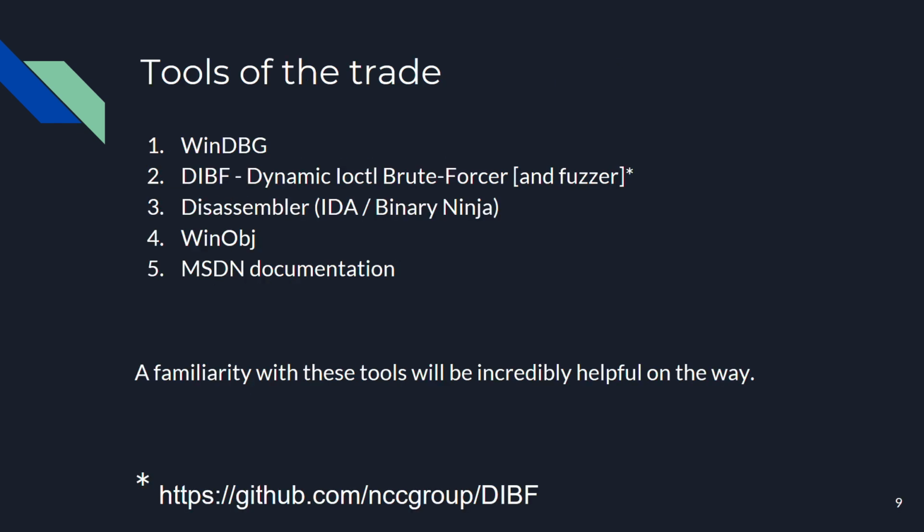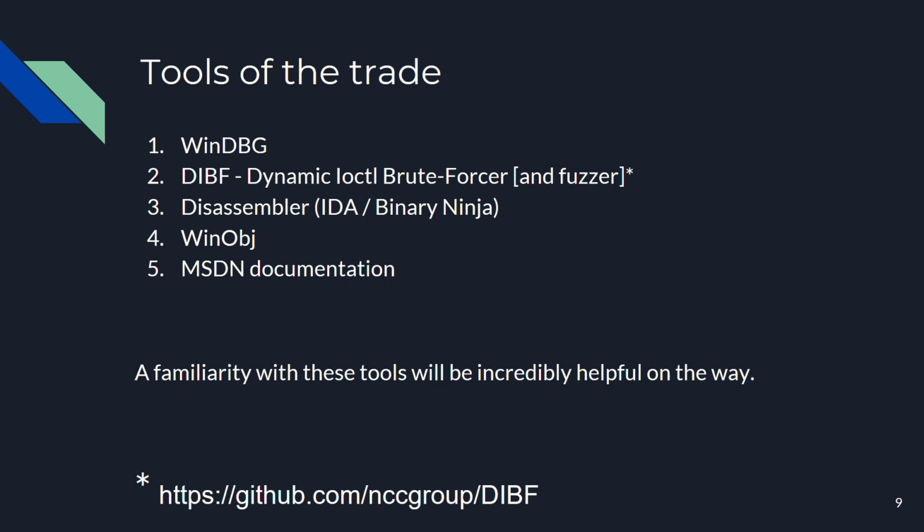The tools of the trade for this process: first we're going to need a debugger. We're going to be using WinDBG. It's publicly free, available online. Number two, we need an actual fuzzer. We chose to go with a fuzzing tool called DIBF. This is publicly available. It was written by some of our coworkers. So whenever we have problems, it's awesome to be able to hit somebody up on chat and say, hey, why is this working the way it does?